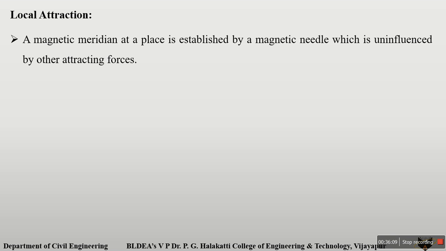If any attracting material, maybe steel or a ranging rod or a steel watch that you are holding, comes nearer to the compass instrument, the needle is attracted towards that material. Then what will happen?